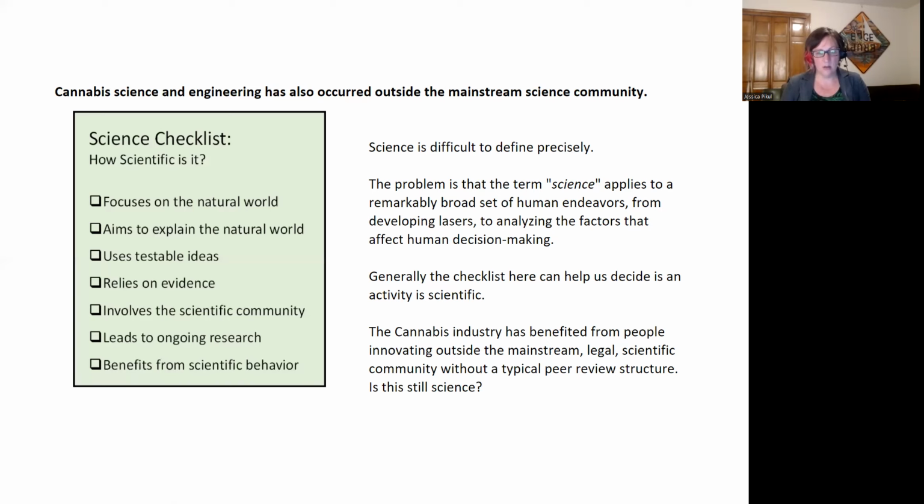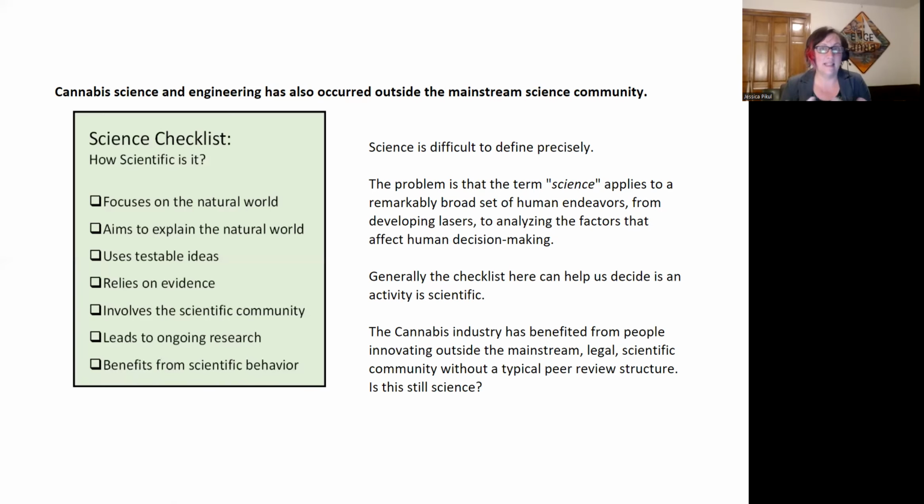And so even though the cannabis industry has benefited from people innovating, it was all done without that typical peer review process. And there most likely was peer review taking place in just collaboration, but in a fragmented way, and not one that has a record, like we have with other fields that weren't subject to being made illegal.